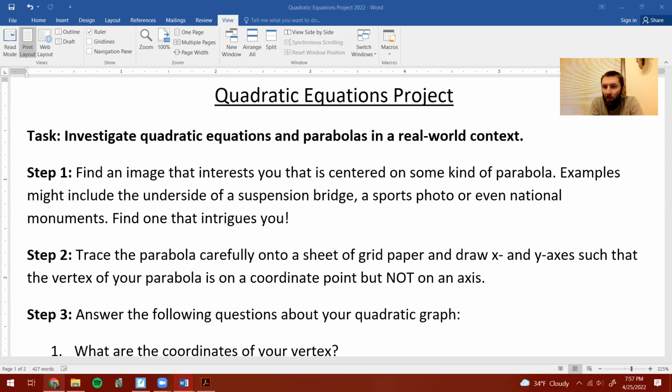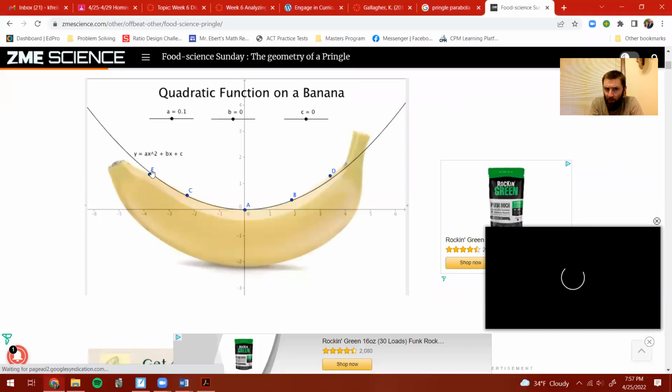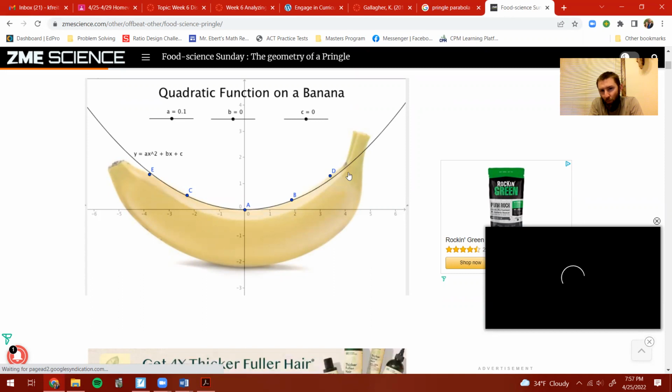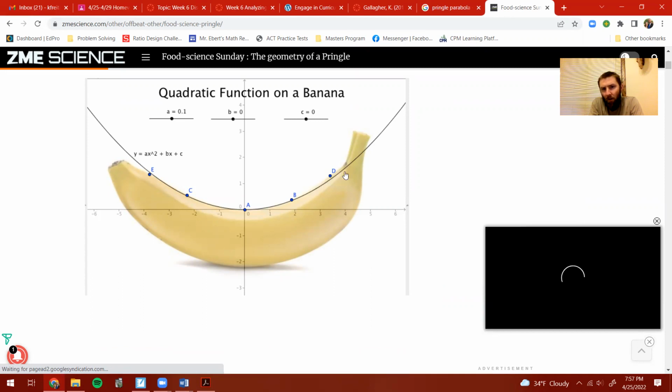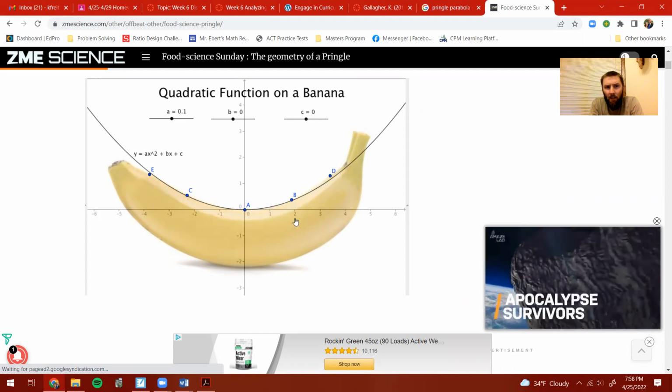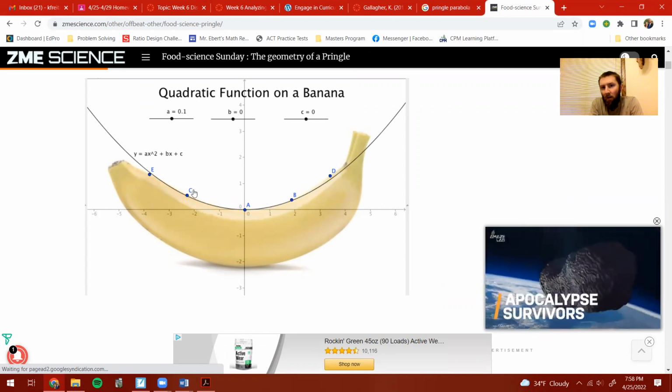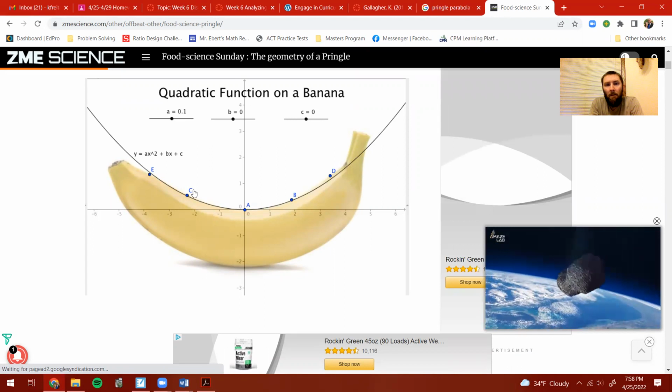So just as an example, and nobody's allowed to use this one because it's my example, here is a picture of a banana. It's not a super perfect parabola, but it follows fairly nicely a parabolic shape or a quadratic graph, okay? So that's an example of a parabola in the real world.